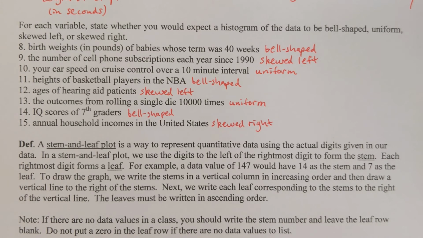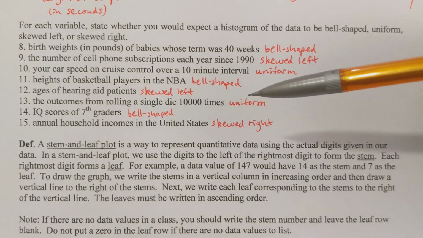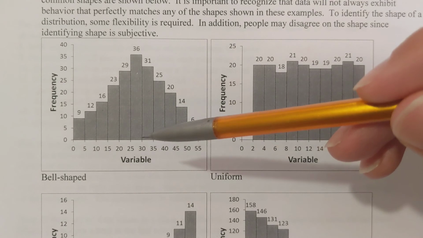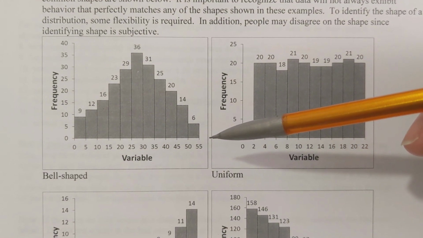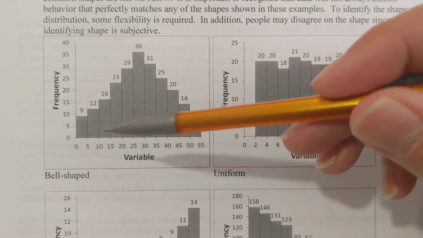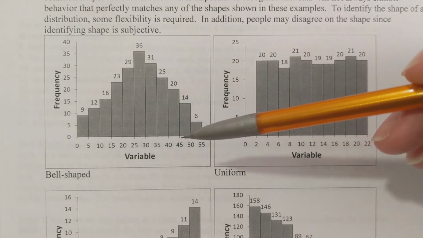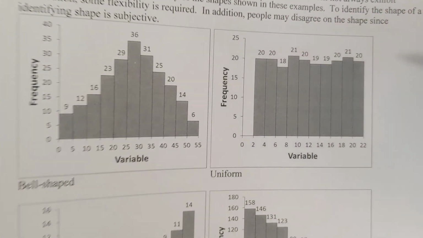No. Some people are going to score more than that, some less, but the average would be 100. I would call that bell-shaped, since most of the people who take an IQ test are going to score around 100. You have the people out here who score more than 100, and the people down here who score less than 100. But since the majority score around 100, I'd call that bell-shaped.